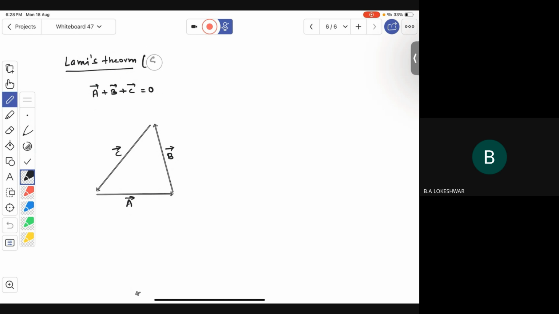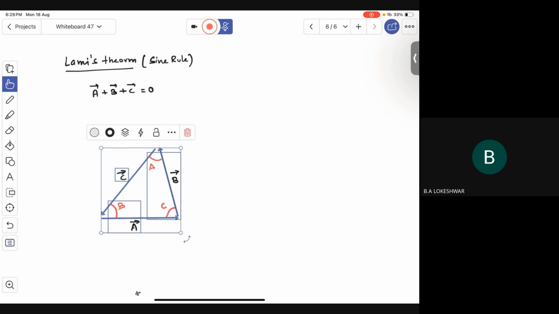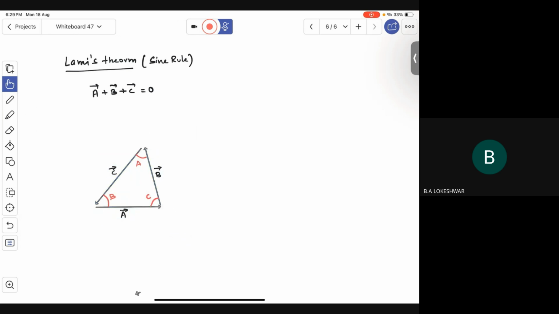And that is also called as sine rule in maths. So if I ask you that, okay, this is vector C, the angle opposite to that side, I call it as angle C. This is vector B, the angle opposite to side B, I call it as B. And the angle opposite to the side A, I call it as A. Then I can shift these vectors parallel to itself, and you will realize it's not going to be any different.